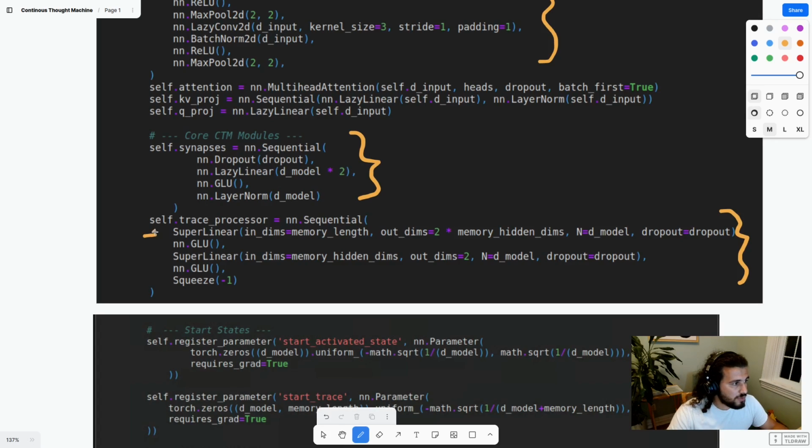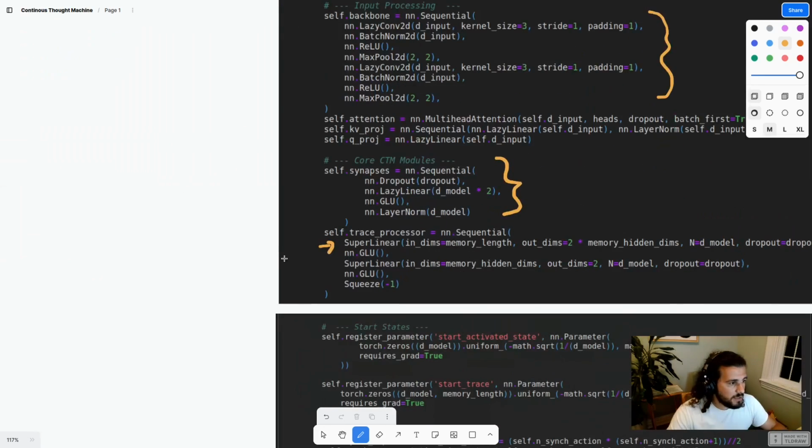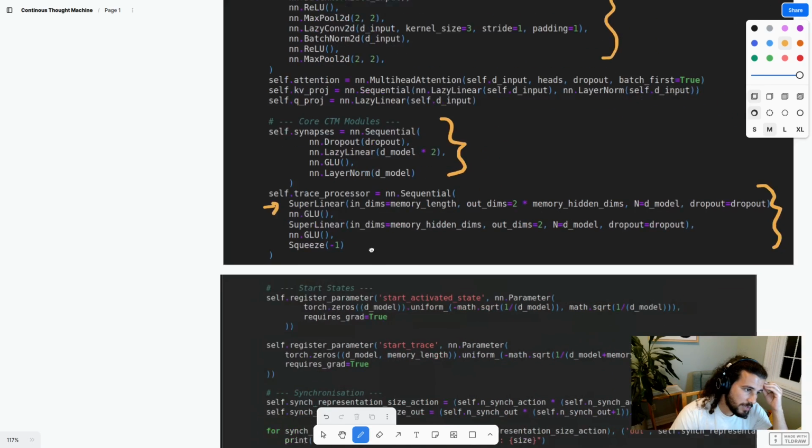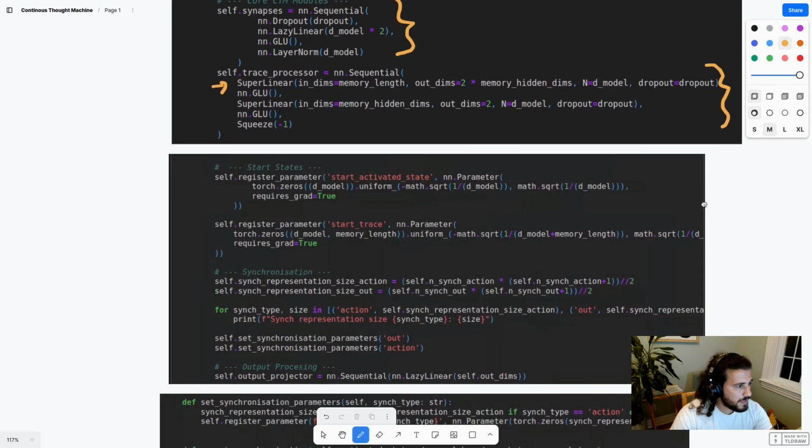So you have your super linear layer that we saw just previously, and they just call it trace processor. Maybe this thing changed while they were going around and setting the architecture, so this may be an older kind of notebook. So you have your two layer MLP here, and then you start to do actual stuff.